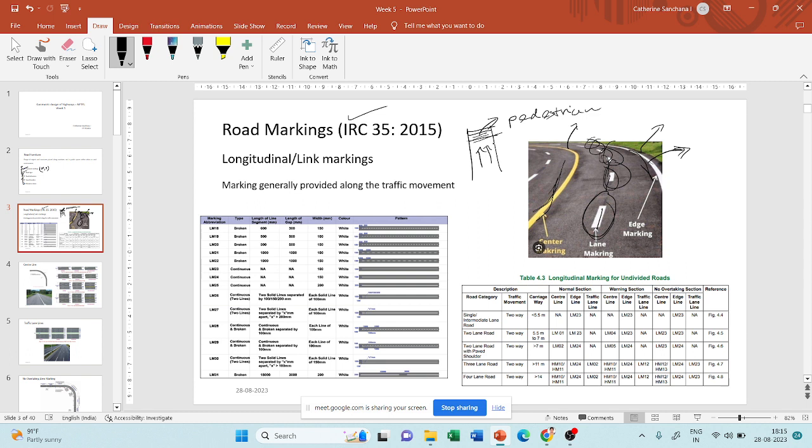Also, you would have seen stop lines, maybe in a junction which has signals, or maybe without signals. In unsignalized intersections also, you would have come across these stop lines. So these lines which are perpendicular to the motion of the vehicles are called transverse road markings.